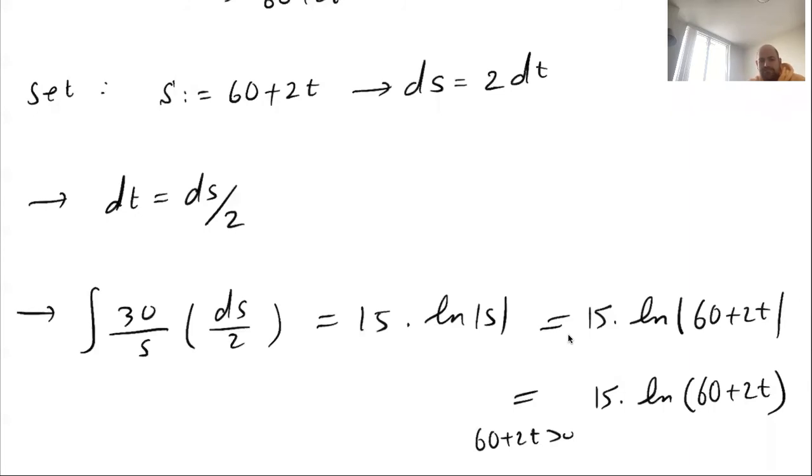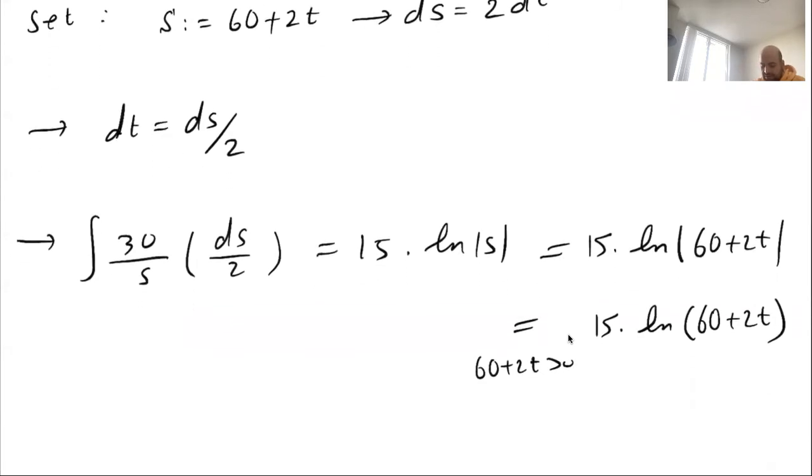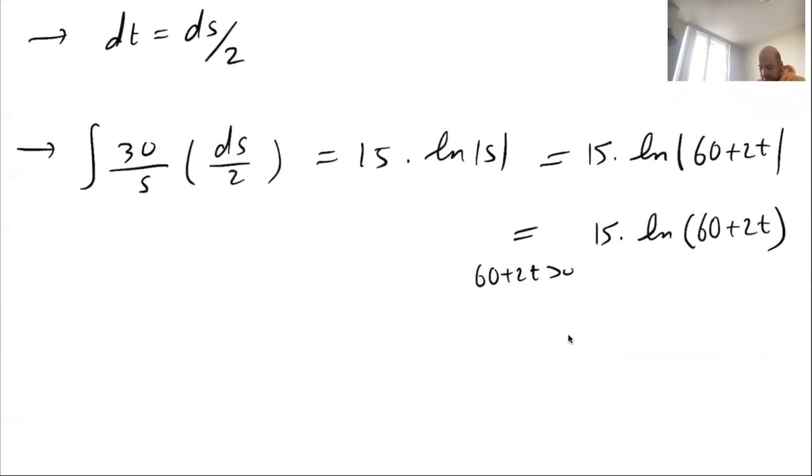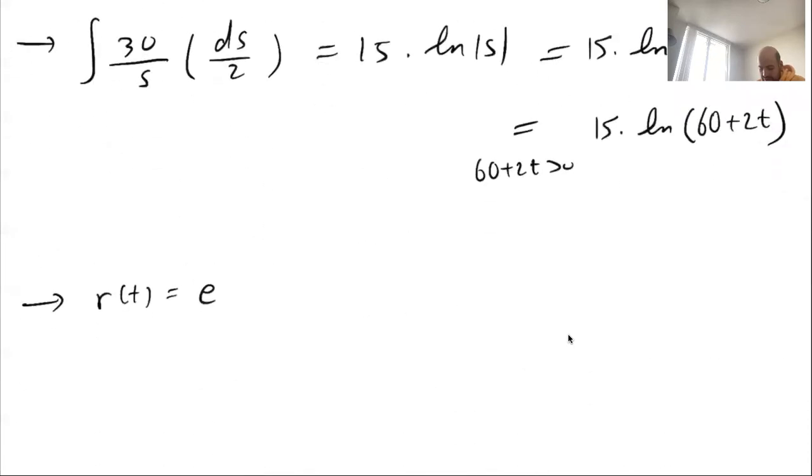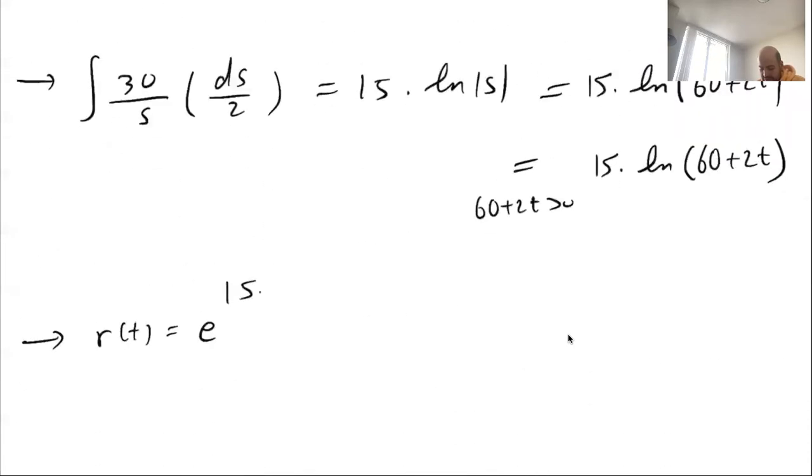And so the integral will be r of t. If we find r of t, e to power this integral. Integral is 15 ln 60 plus 2t.